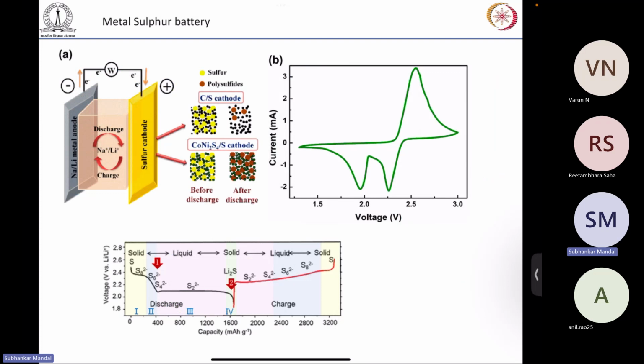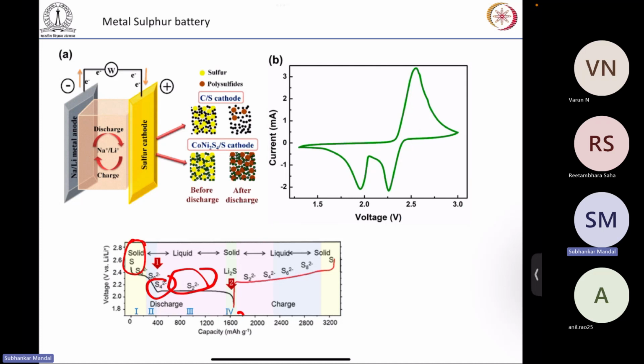After that we have discussed the metal sulfur battery. In the lithium ion battery, lithium is intercalating and de-intercalating. But in the case of the metal sulfur battery, sulfur, which is a light element, is converting into different sulfur and polysulfide components like S6 2- and S4 2-.